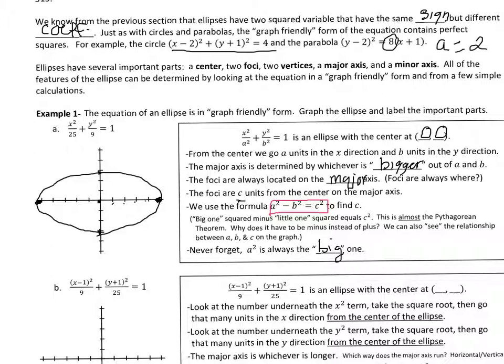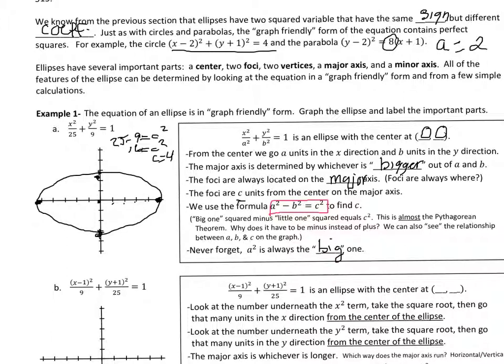5, 0, and -5, 0, right? That's where those are. Now, sometimes it'll ask for these points here as well, so we're at 0, 3, and 0, -3 for those points. But now we're going to use our equation to find where our foci are. a squared is 25, minus b squared, which is 9, equals c squared. 25 minus 9 is 16, which is c squared, so c is 4.